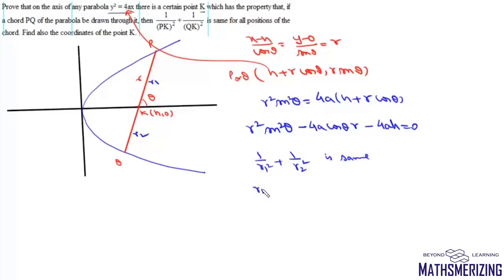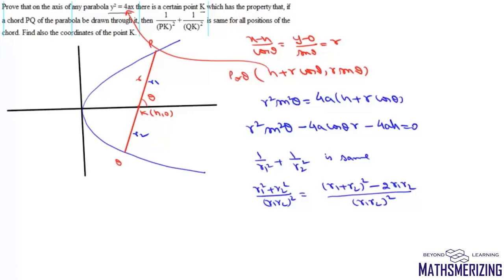So I can write it as (r1 square plus r2 square) upon (r1 r2) whole square, or we can write it as ((r1 plus r2) whole square minus 2 r1 r2) upon (r1 r2) whole square, and this should be independent of theta. So we'll find the sum of roots.